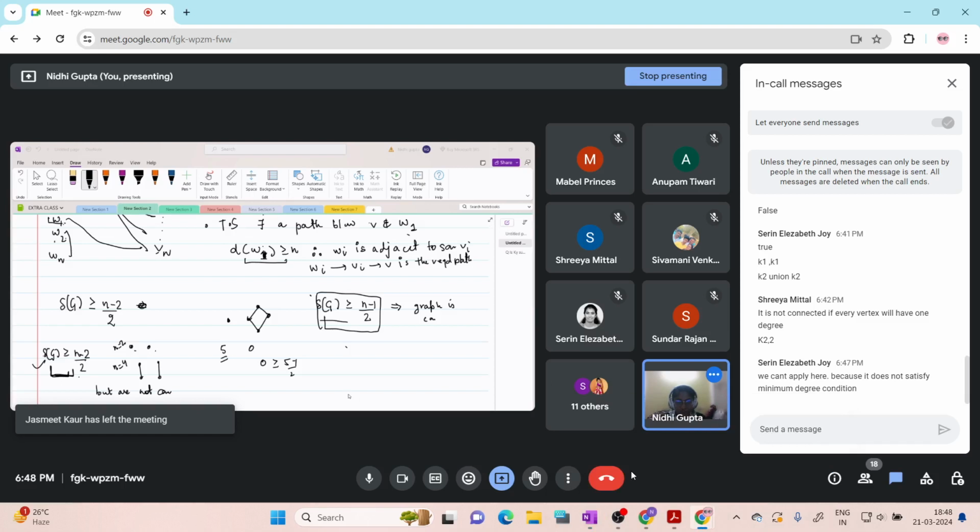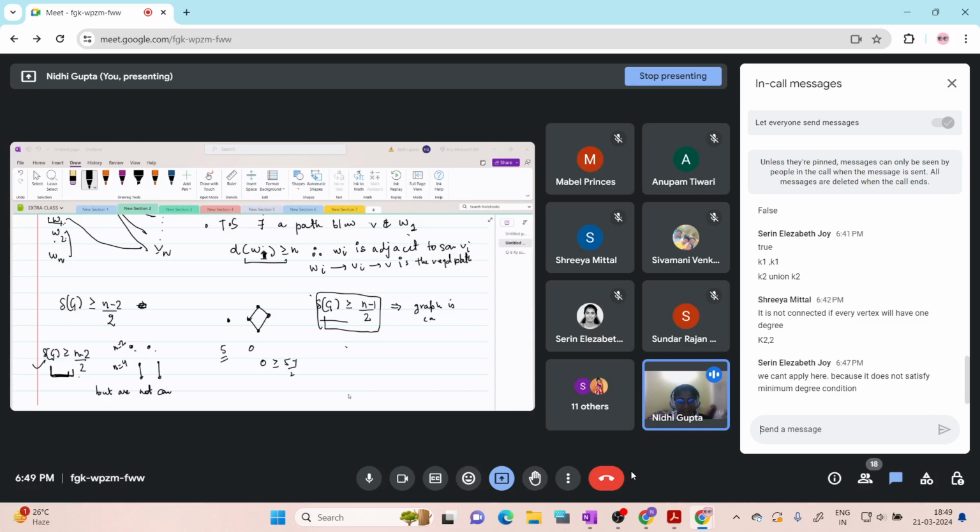So now is the confusion clear? We are only able to conclude about connectedness of the graph if minimum degree is greater than or equal to n minus 1 by 2. If a graph is not satisfying that condition, then we don't know whether a general graph will be connected or not. Then we have to check by looking at the specific graph.